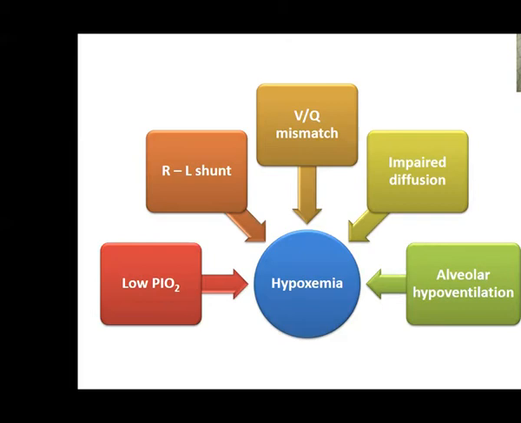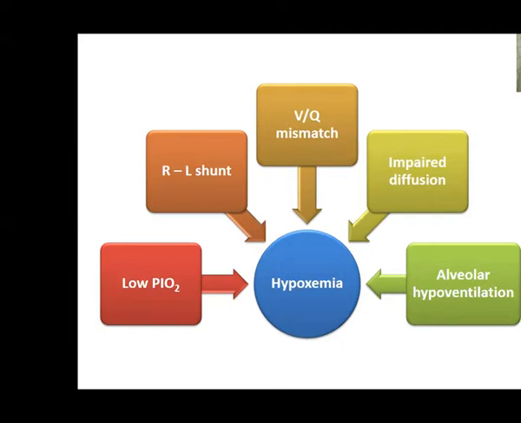For instance, if the partial pressure of oxygen in the air is reduced, if you go to high altitudes, you will have less oxygen there, so you will have hypoxemia. Particularly if you climb up high mountains suddenly, if you are not acclimatized to that, you can get severe hypoxia and mountain sickness and all these things. But if you are used to it, then your body adapts to that low oxygen.